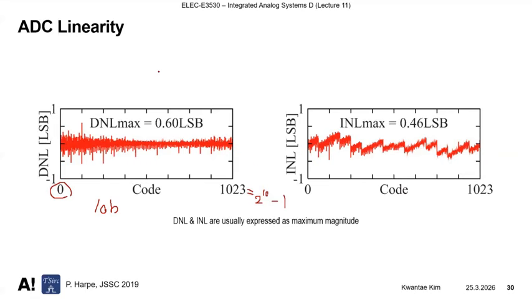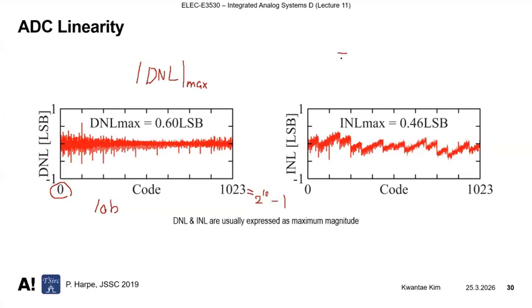In this case, we normally report or measure our ADC linearity, the DNL, by the maximum value of DNL. When we take the magnitude, we get the maximum value. So then we get 0.9 LSB, 0.6 LSB.